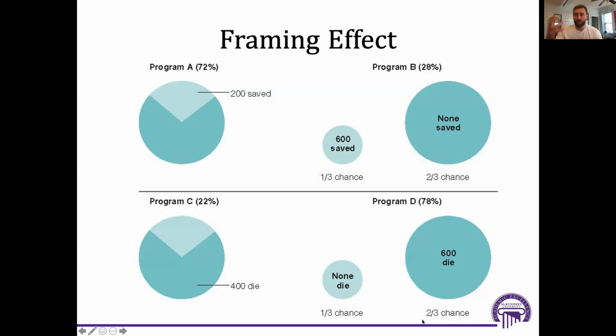And so whenever you frame things in terms of losses, people tend to go the riskier route and choose program D. Whenever you frame things in terms of gains, people tend to choose the more conservative route. So A is more conservative than B, C is more conservative than D. So again, framing.